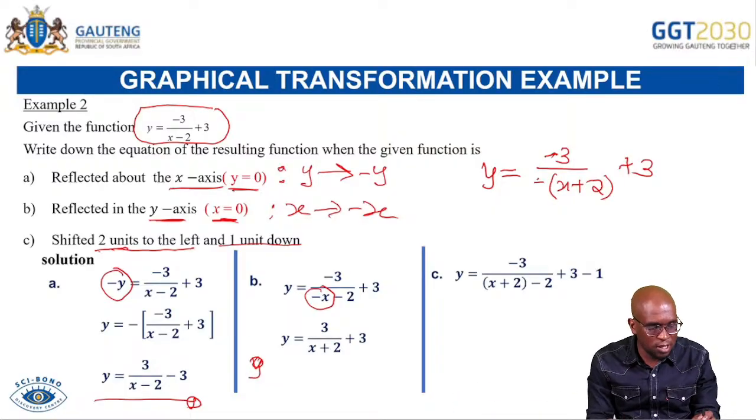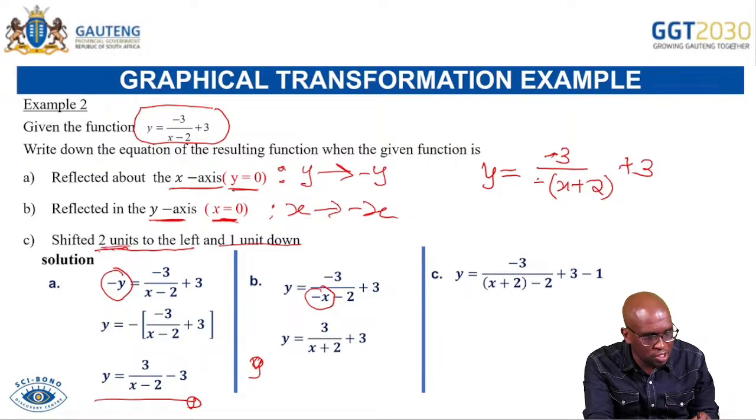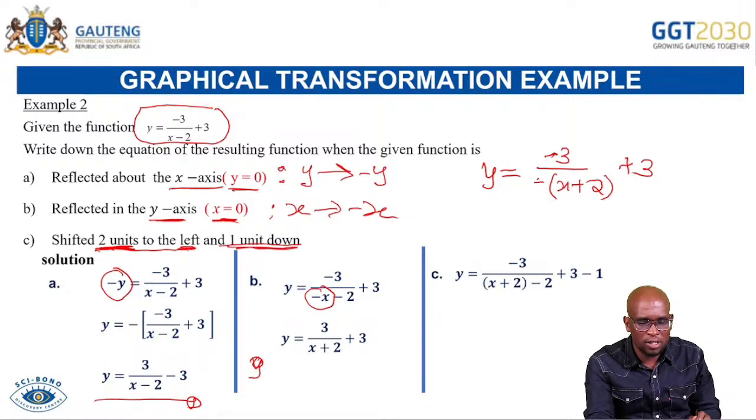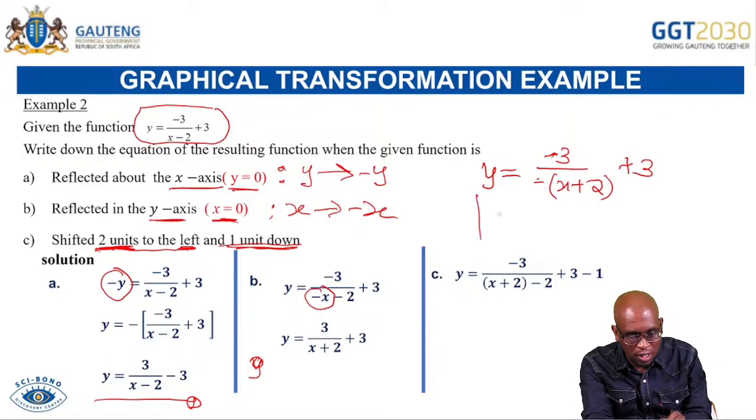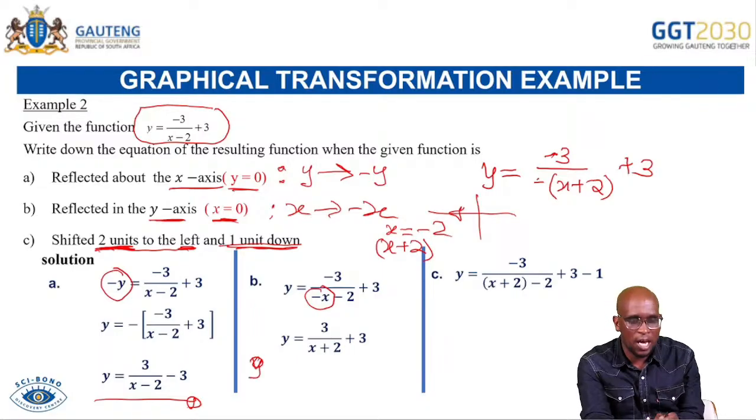Last but not least, it is shifted 2 units to the left and 1 unit down. If they say to the left, then you are moving in this direction, 2 units to the left, which means x equals negative 2, and if you transpose that, the transformation would be x plus 2.